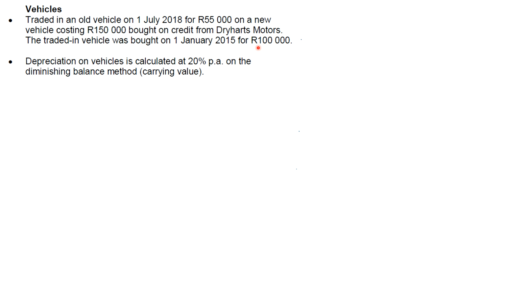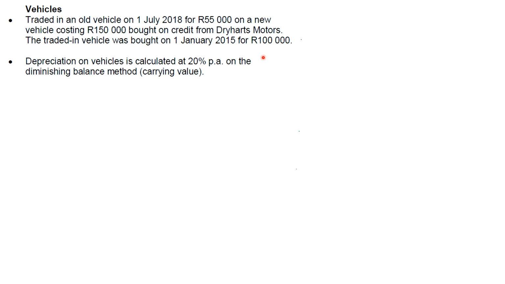The difference between this video and the previous video is this. Here, they don't give you accumulated depreciation, but in the previous video, they did. Instead, here they give you the cost price of that vehicle. In the previous video, they did not tell us when the vehicle was bought.